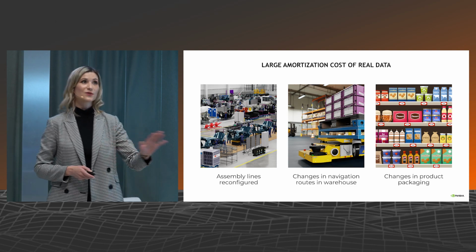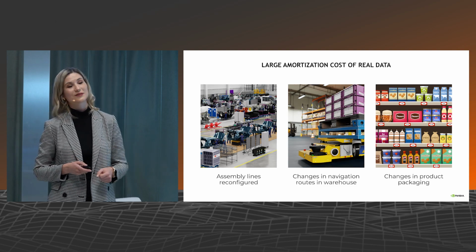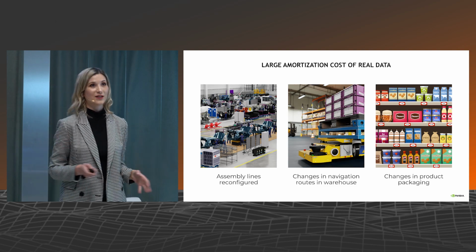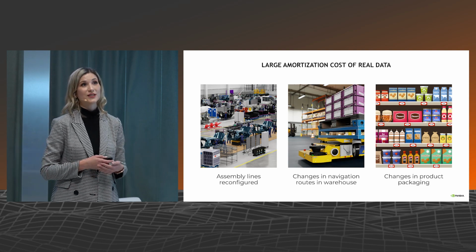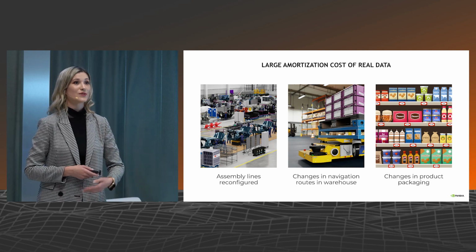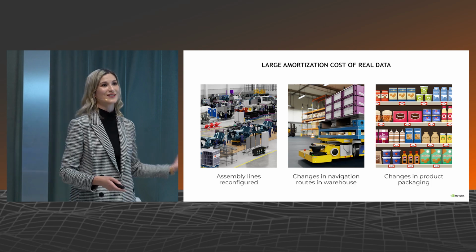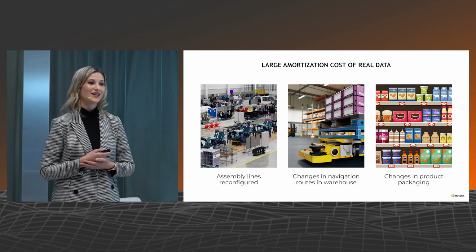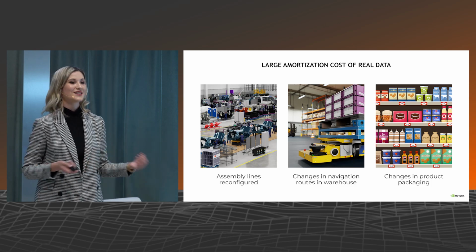So you won't go to the warehouse and try to collect new real data for every layout change. And in retail, packages of products change quite frequently. Think of Christmas, football games, the packages kind of reflect the events happening, and you also don't want to constantly go and photograph all these new packages.